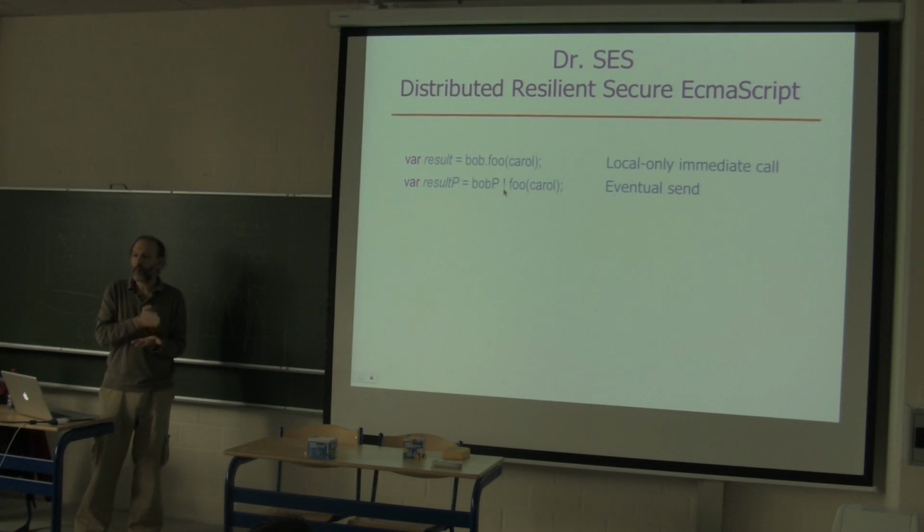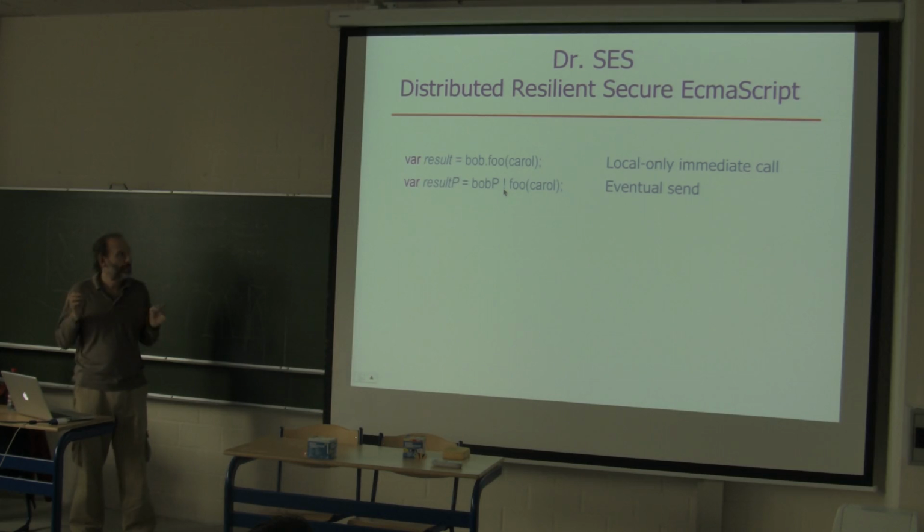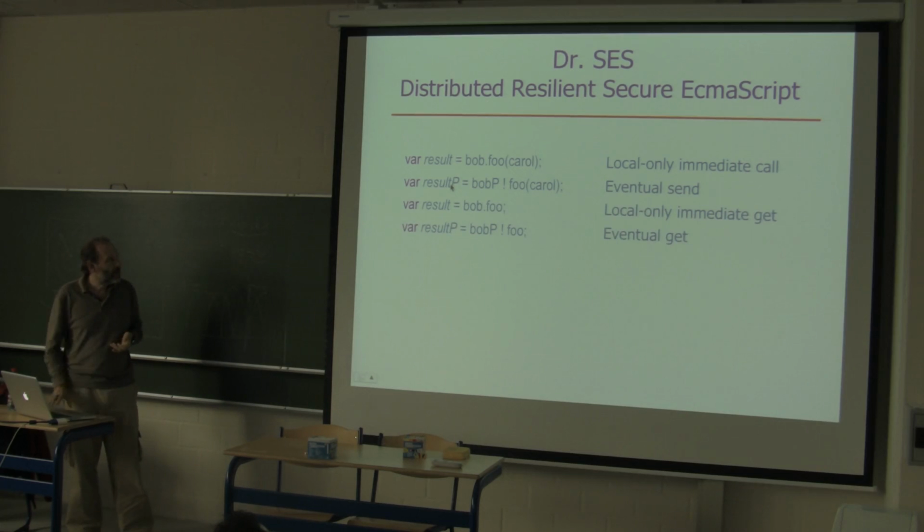Now Bob might be local or he might be remote, but no matter what, don't do it right now. You're queuing it for later. And since you're queuing it for later, what you do right now is return a promise for what the result will be. There's also an analogous eventual property access that corresponds to the immediate property access.